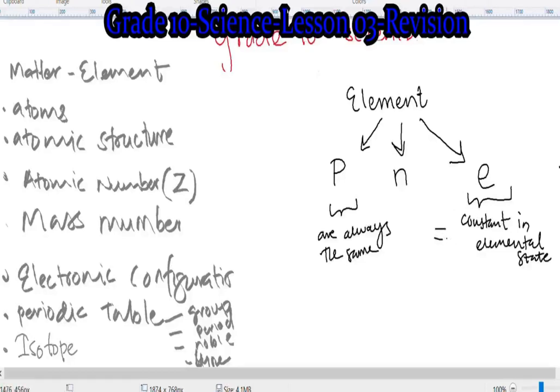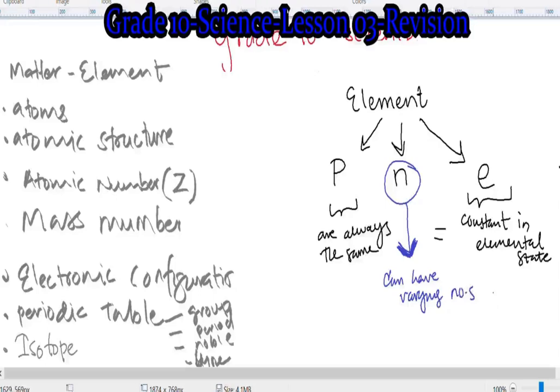Protons and electrons are equal. Now when you talk about neutrons over here, neutrons can have varying numbers, right, which is called isotopes.